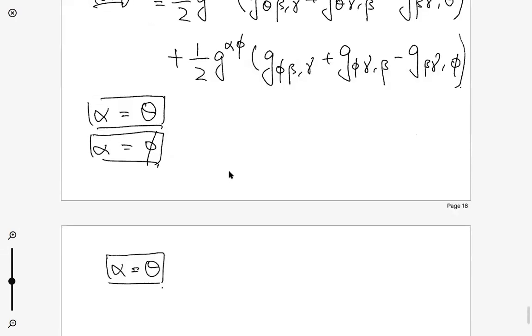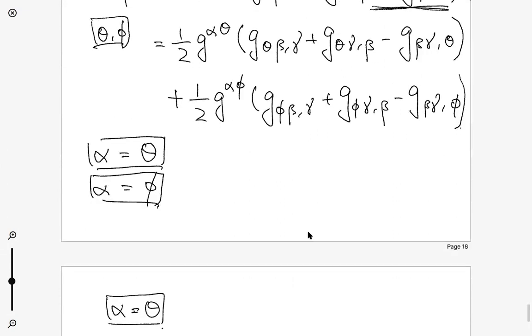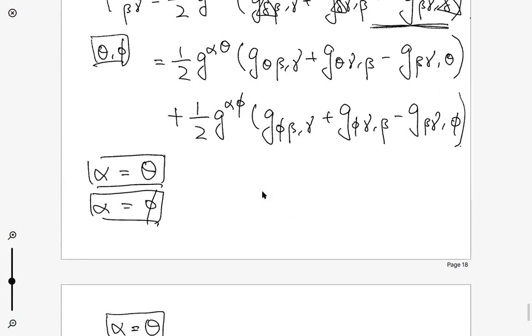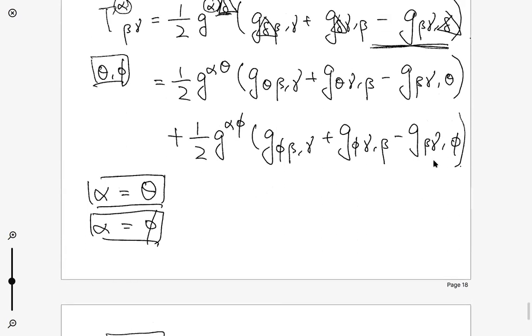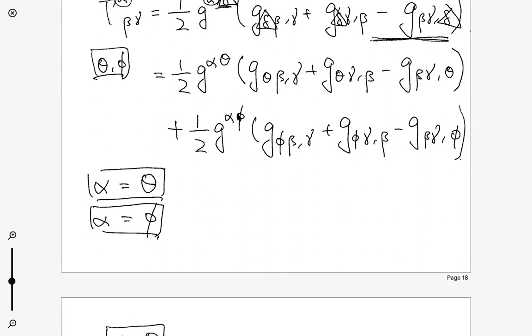Again, when we look at this formula we have just written down, we actually don't have this line anymore, right? The second line will vanish. Because if alpha is theta, then we would have g theta phi for the first metric here, which is a cross term, an off-diagonal term.